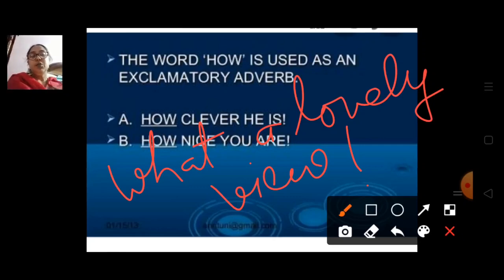It means it's showing the exclamation, or you can say the word how is used as an exclamatory adverb: how clever he is, how nice you are. So these are used to show or express the degree or extent in exclamation. So these adverbs are called exclamatory adverbs.